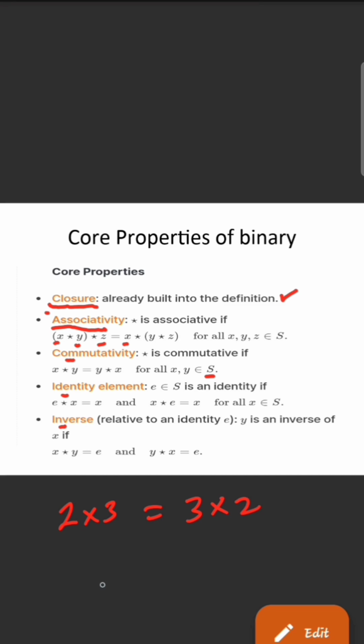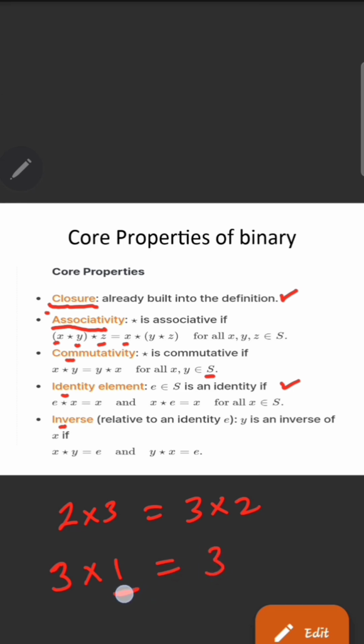The next one is the identity element. Identity element is just like the one we did in matrices. When you multiply a number by another number and you still get that same value. For example, when you multiply 3 by 1, it will still give you 3.